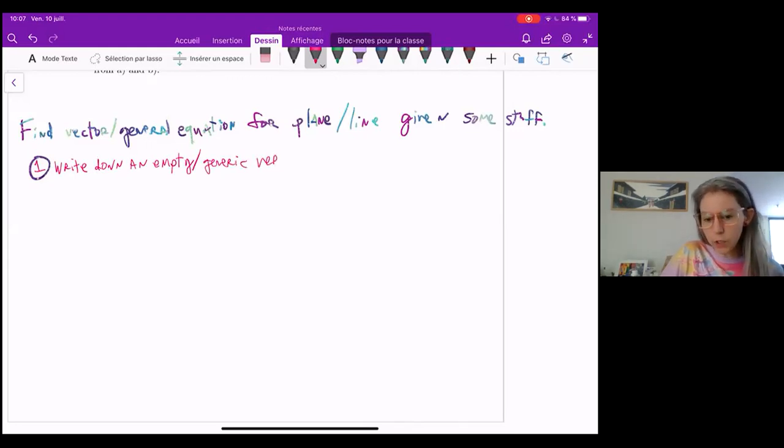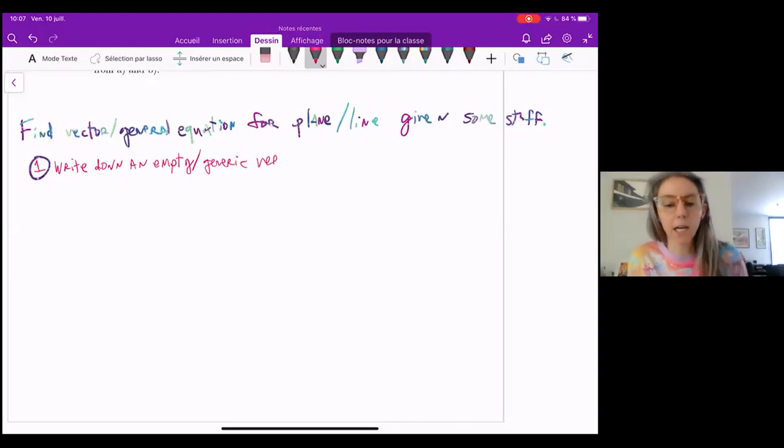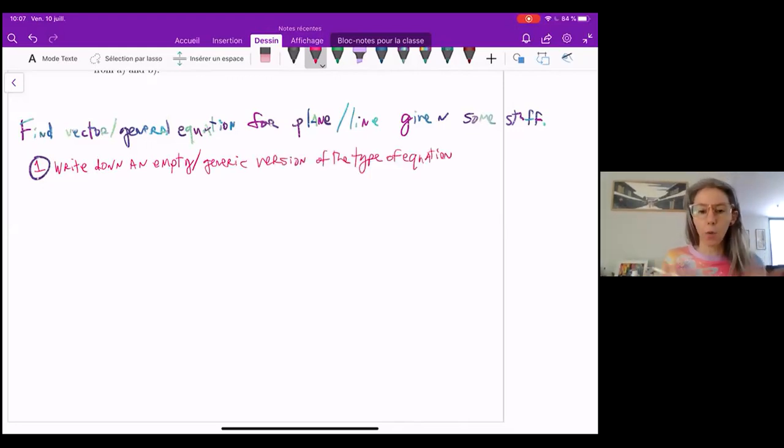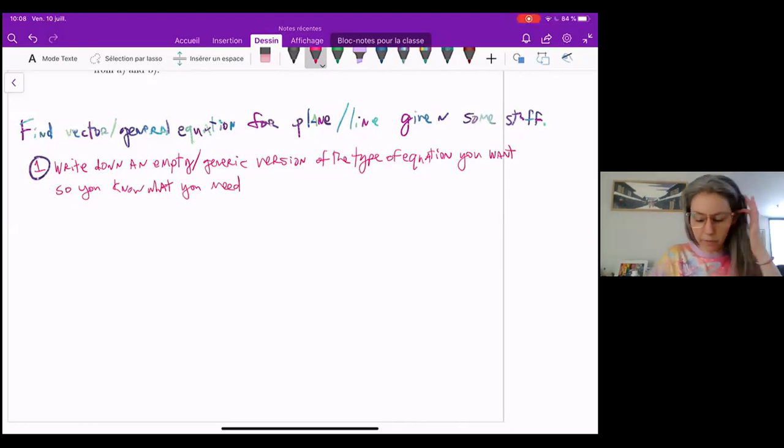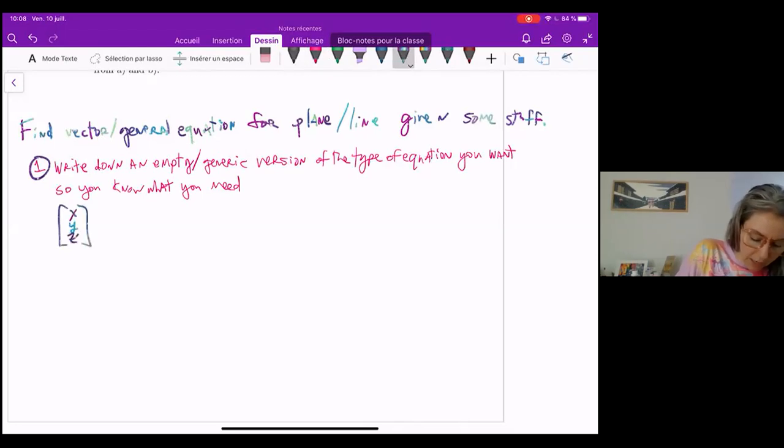And the reason that you would do this is to get a clear idea as to what you need in order to fill it in. So an example of this would be just saying (x, y, z) is equal to blank plus t times blank.